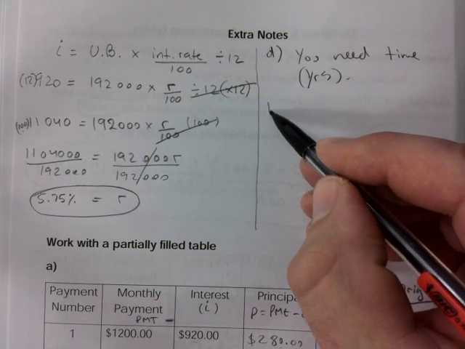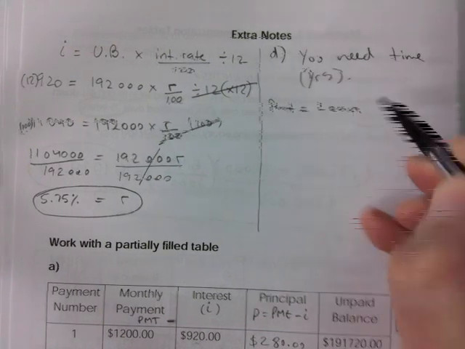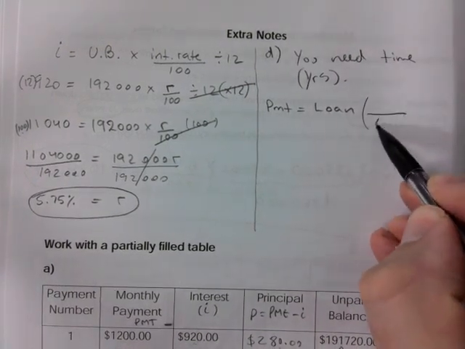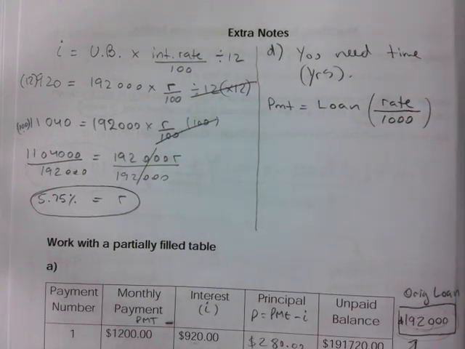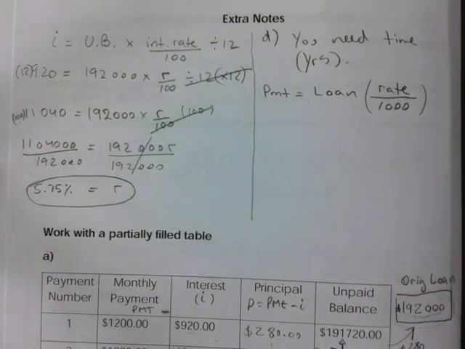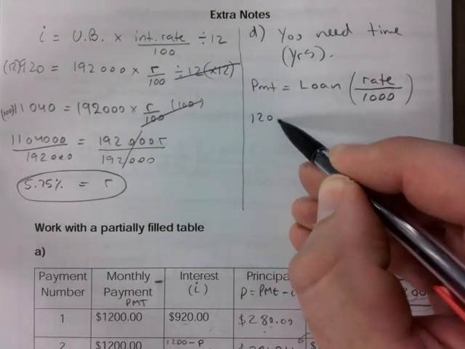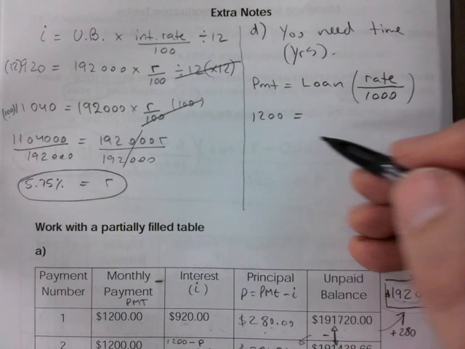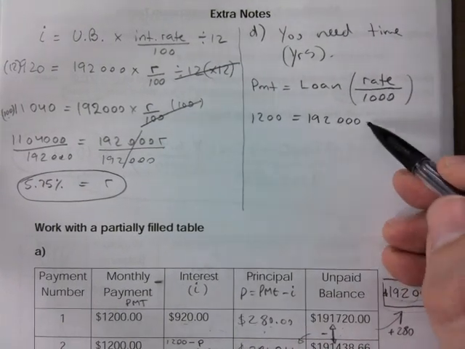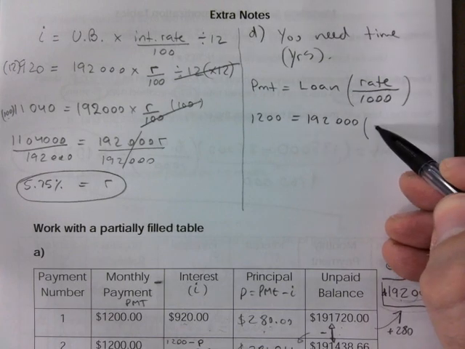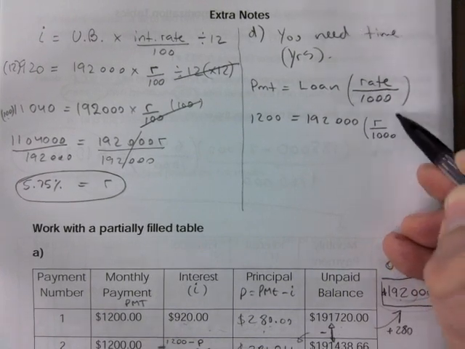Notice this: payment is loan times a rate divided by 1,000. So my payment is what based on this? 1,200 bucks. What's my loan? 192,000 times rate over 1,000. I'm just going to leave it at that.